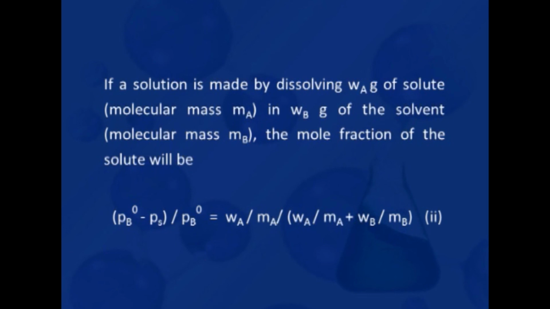Then relative lowering of vapor pressure will be equal to mole fraction of solute, and we will get the expression (P naught B minus Ps) upon P naught B equal to (WA upon MA) upon (WA upon MA plus WB upon MB).